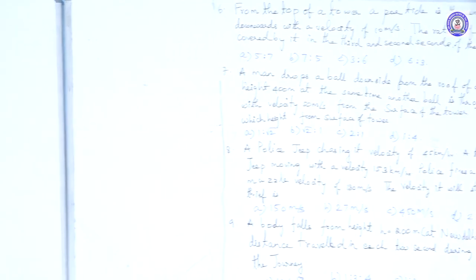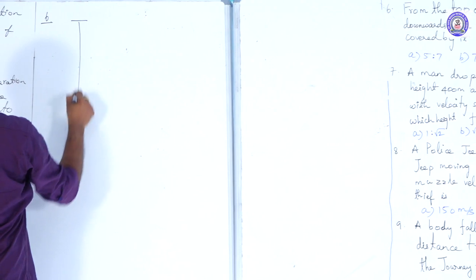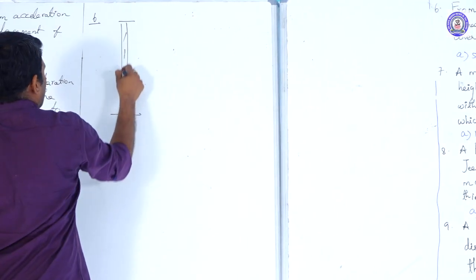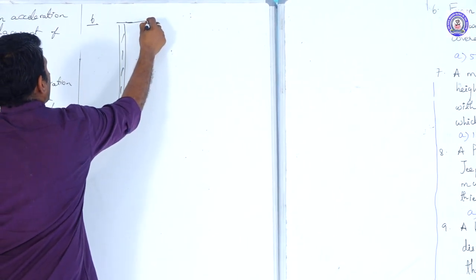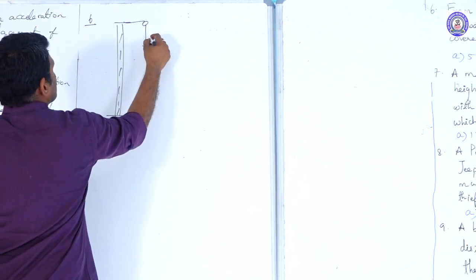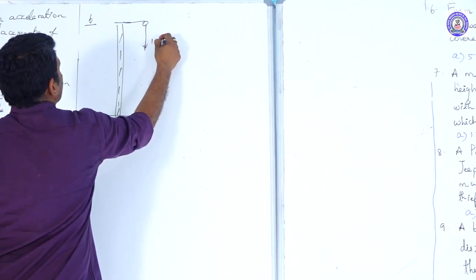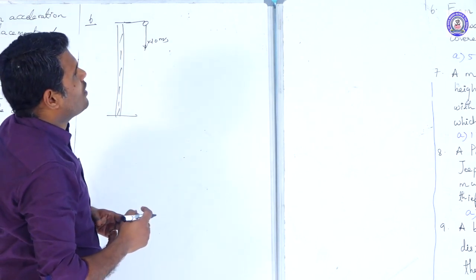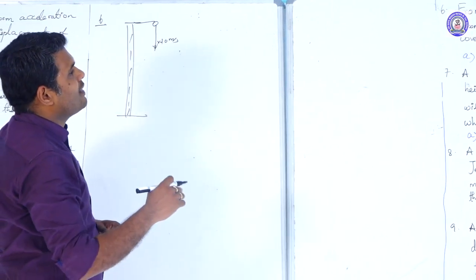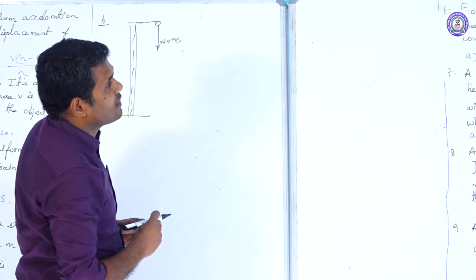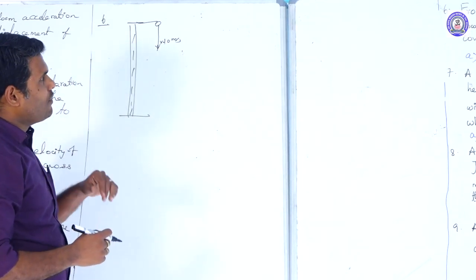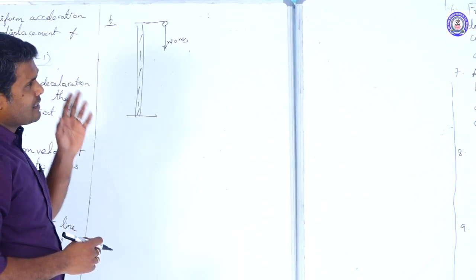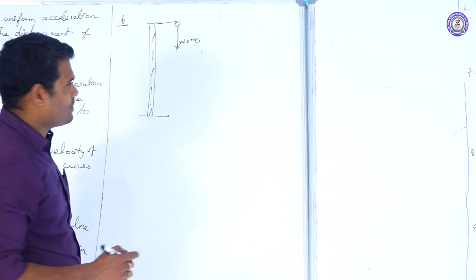So from the top of the tower, an object is thrown vertically downwards with a velocity of 10 meters per second. The ratio of the distance covered by it in the third and the second second of its motion.